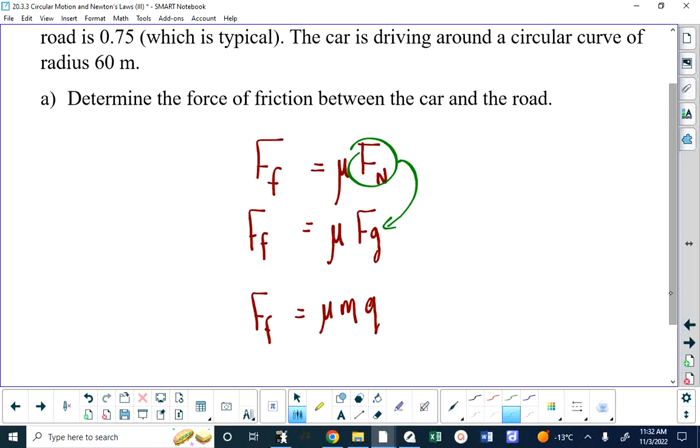That's what I'm getting at, is these two forces, the normal force and the force of friction, are not the same force, but they are equal in magnitude and they are opposite in direction because it's on a flat surface. By the way, when you go around a curve on a highway, most curves are angled a bit, which increases the force of friction and allows you to go faster. If they're not angled, then they just put the speed limit down a bit more so it's safe. So we can calculate this.